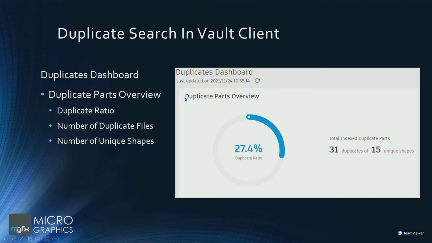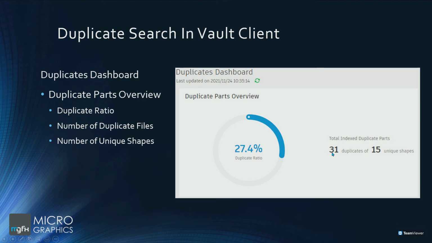The top section has the overview. This shows you the duplicate ratio. So the duplicate ratio is the number of duplicate files divided by the overall number of files that are indexed in the vault. So in this case, this vault, we have a duplicate ratio of 27.4%.